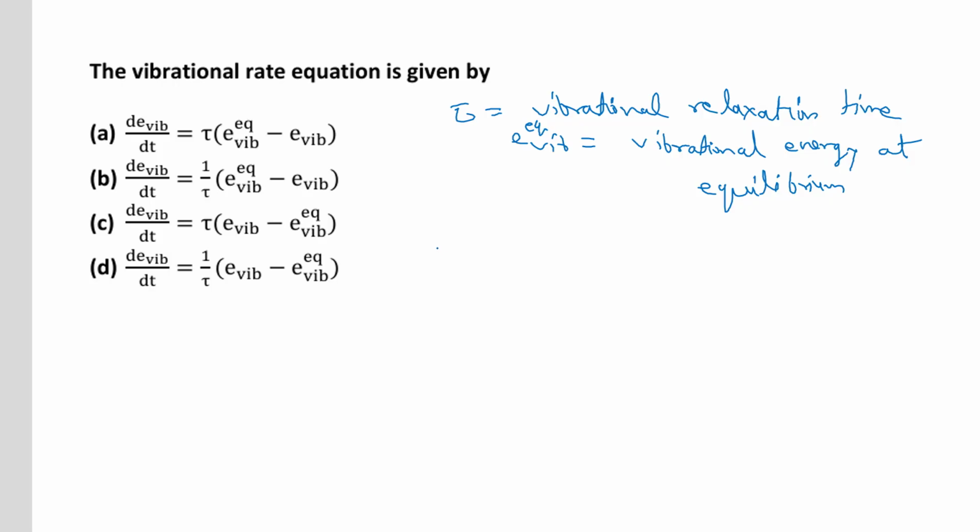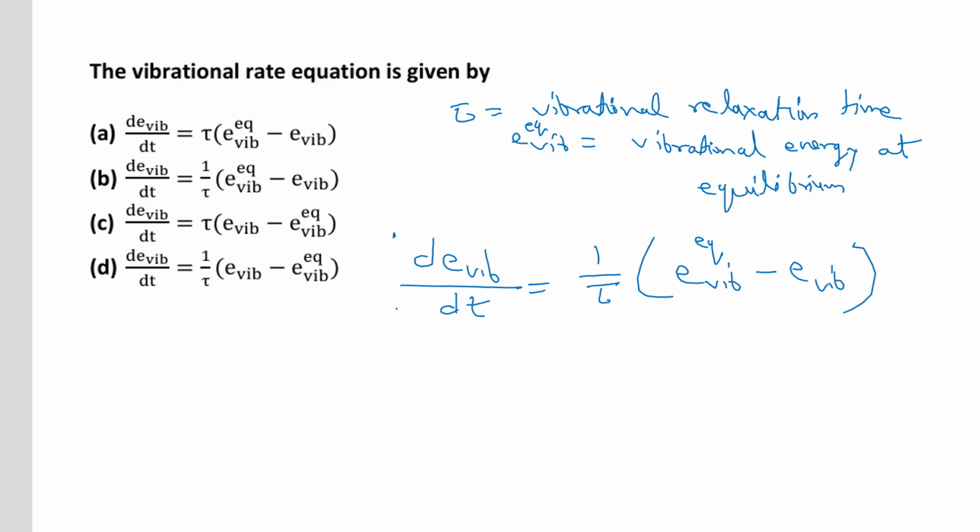So what is the vibrational rate equation? It is dE vibrational upon dt equal to 1 by tau times E vibrational equilibrium minus E vibration. This is the vibrational rate equation.